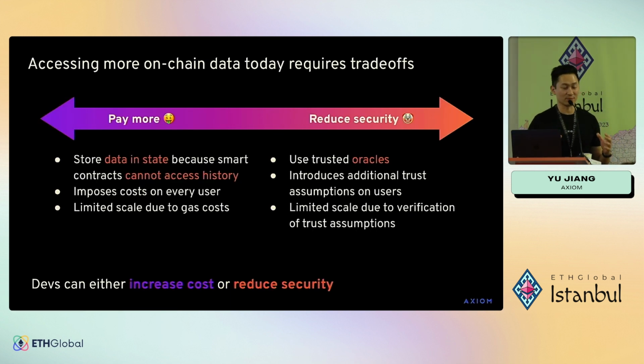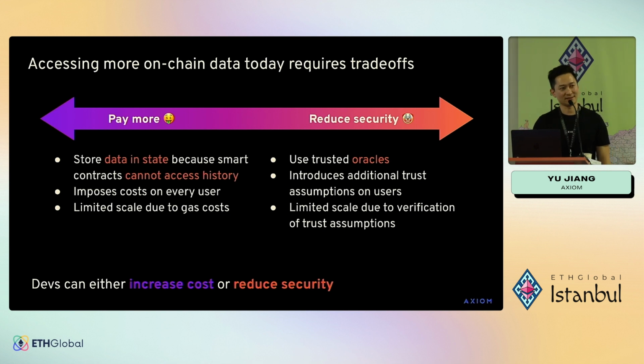Accessing more data on-chain generally just requires trade-offs, right? You can either pay more to store data in the state of Ethereum, because the contracts can't access the history. But that imposes some extra costs on each user. When you store more state, you increase gas costs, essentially. Or you can reduce security and use trusted oracles.